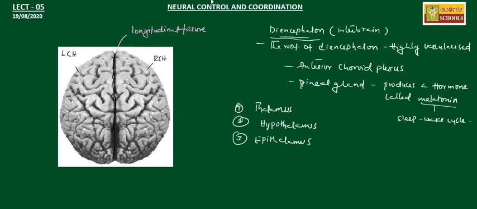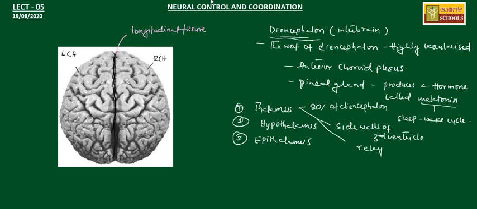The thalamus forms 80% of the diencephalon, and it forms the side walls of the third ventricle, which we will see separately with the ventricles. Then the thalamus acts as a relay center, or I can also call it a sensory switchboard.